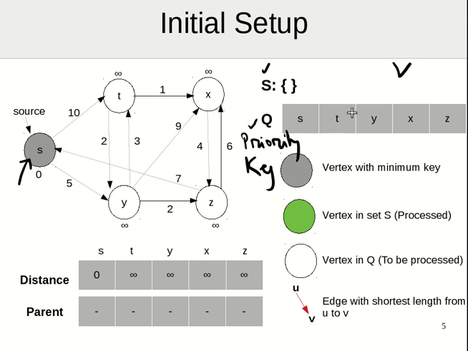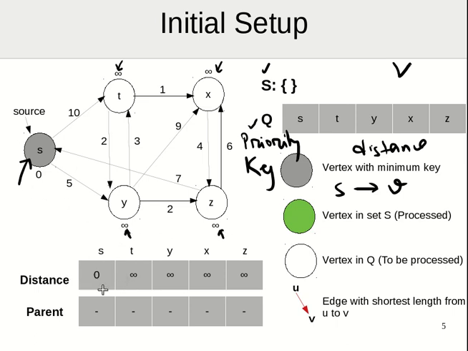Key value is nothing but the distance from the source to that vertex V. Let's say that for T, we do not know the shortest path from S to T as of now, so we'll assume that it is an infinite value. It's a very big number. We do not know what the distance is as of now, so we mark it as infinity. Similarly, S to X infinity, S to Z infinity, S to Y also infinity.